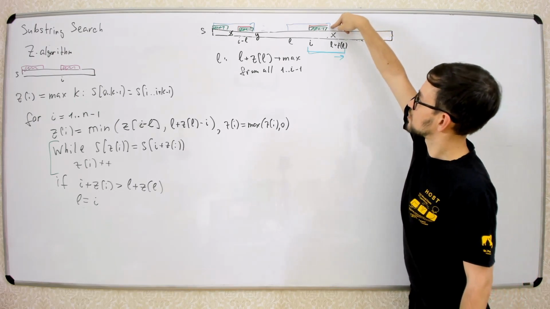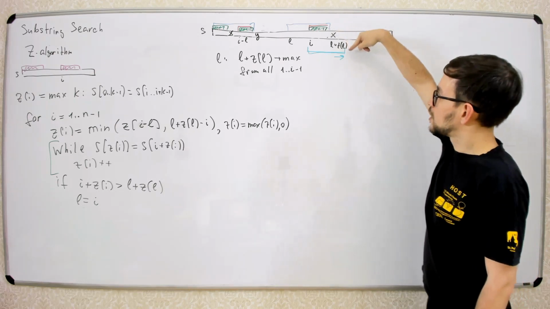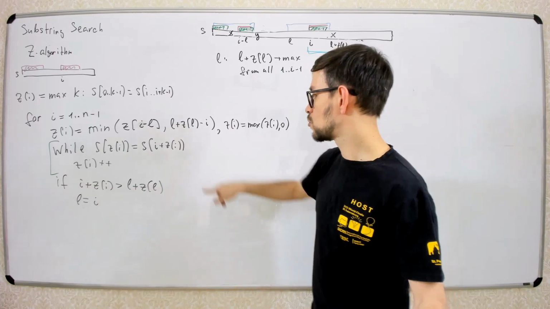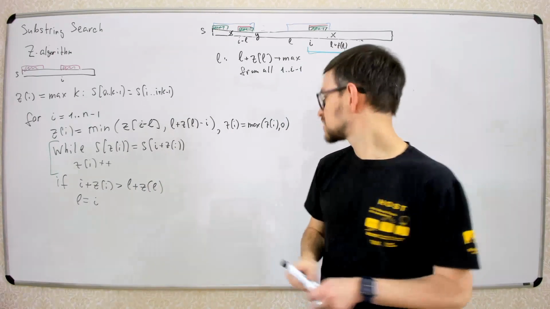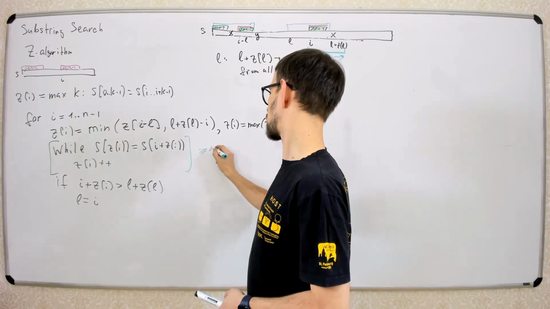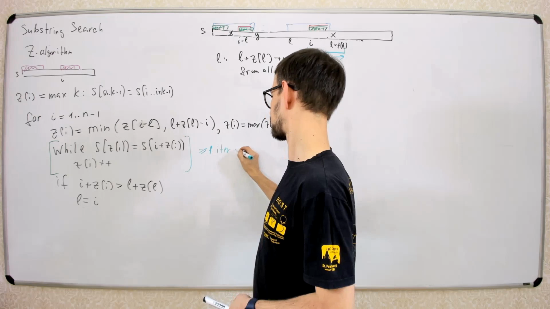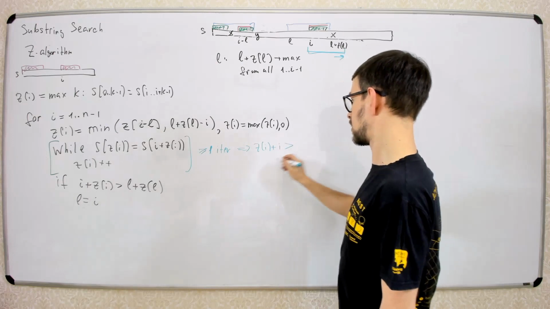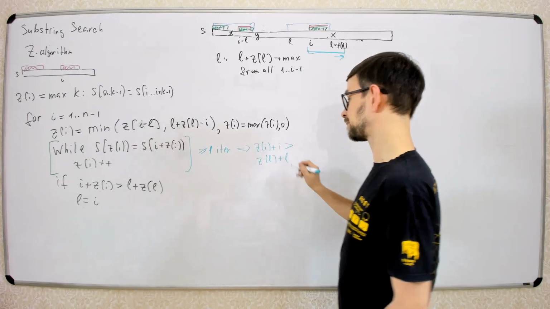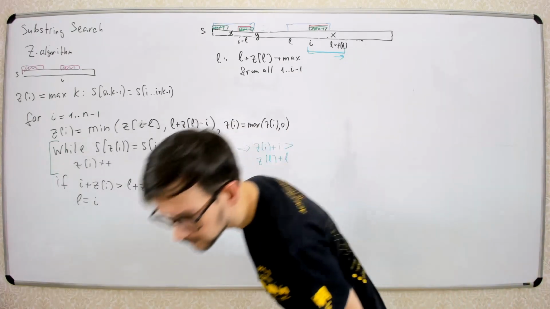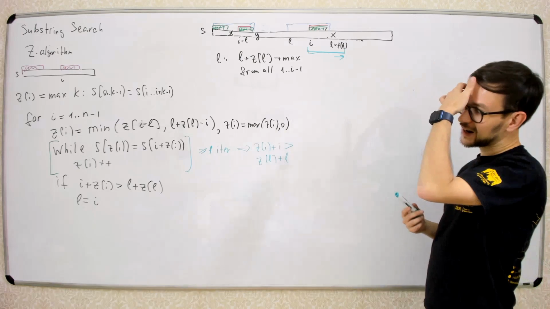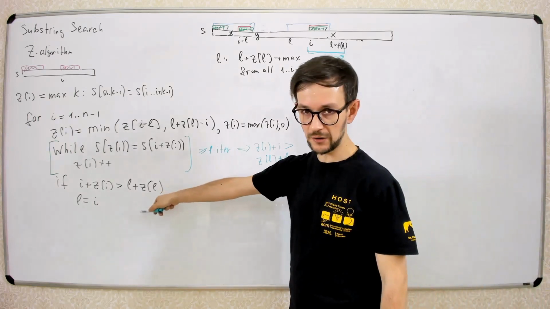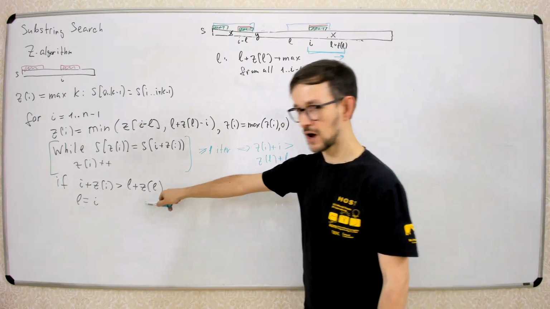But since you extend this right border of the current block, your block will have a larger sum than the Z block of L. So if you make at least one iteration, then your value zi plus i will be more than the value zl plus L. But it does mean that you will update the value of L here.